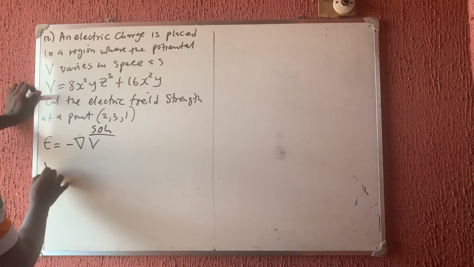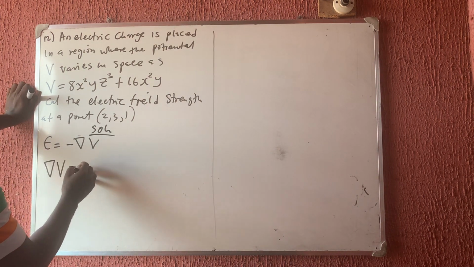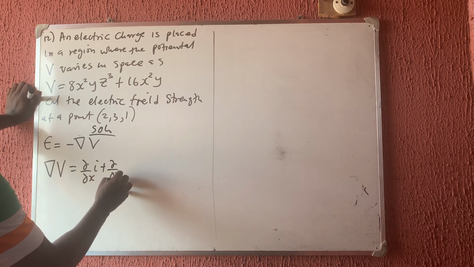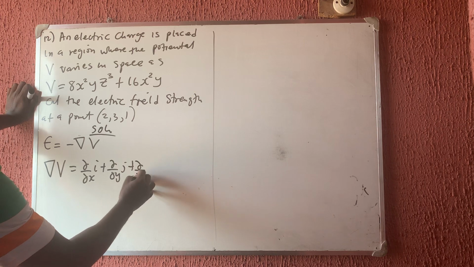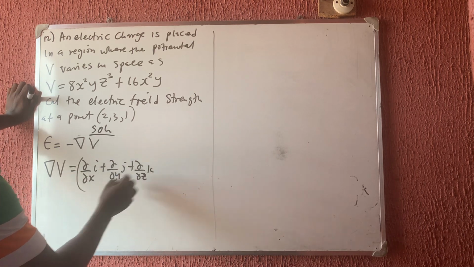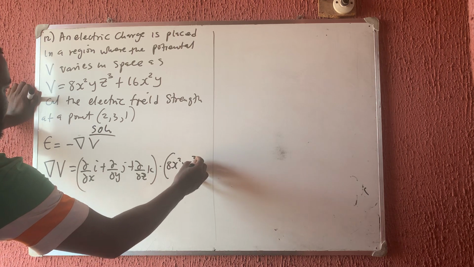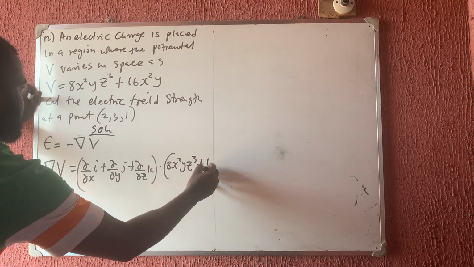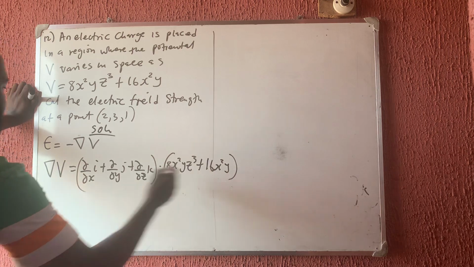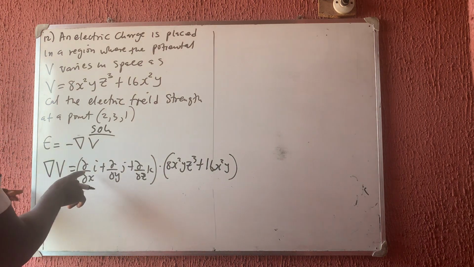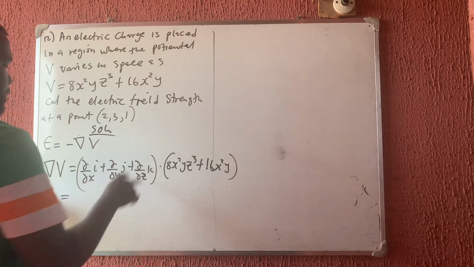So first of all, the gradient of this scalar is equal to partial x i plus partial y j plus partial z k, being applied to 8x squared yz cubed plus 16x squared y. This time, differentiate everything with respect to x.